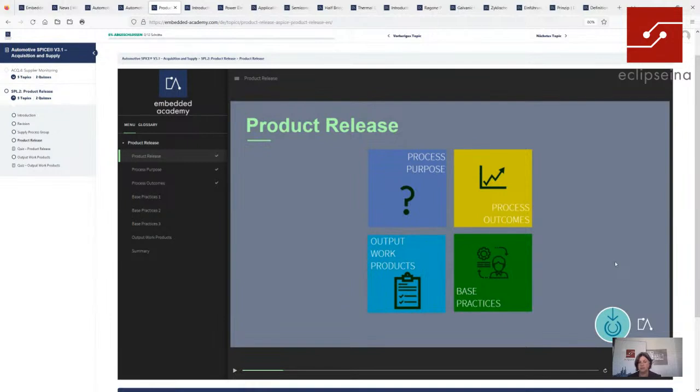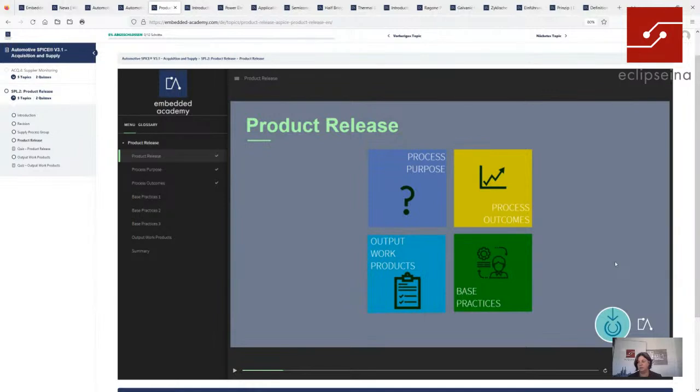So outcomes and work products are not necessarily the same, which is sometimes a little difficult to understand. The outcomes are: this and this and this is fulfilled. The output work products are: I have this release information, really certain defined work products which are created.